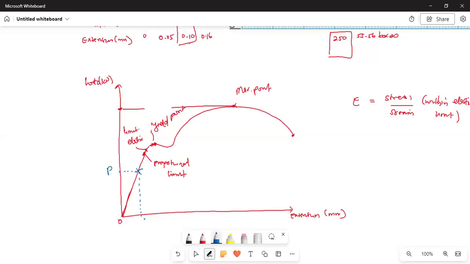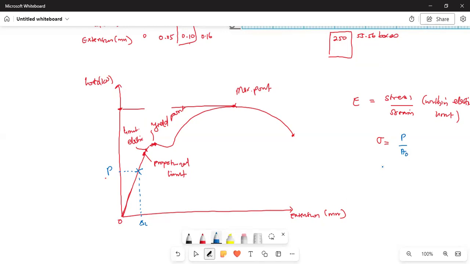You're going to have a P here, and you're going to have delta here. Now that you have done that, for the stress use P over the area. The area is the original area, A naught.